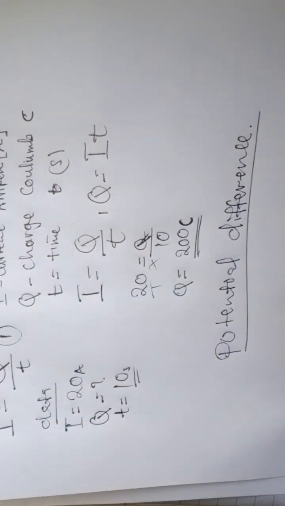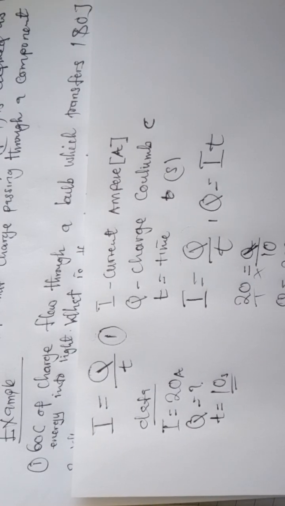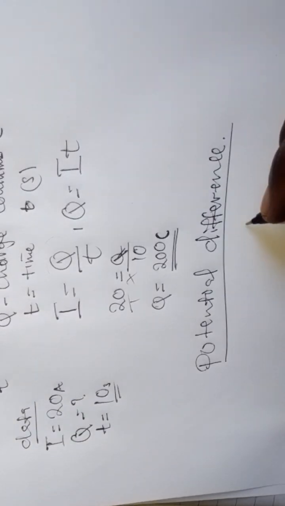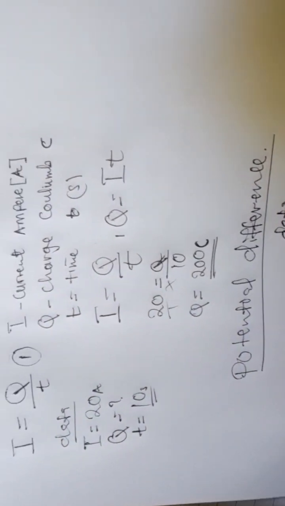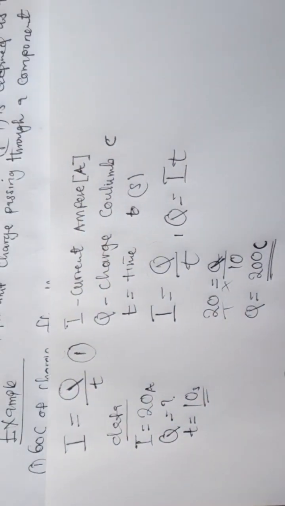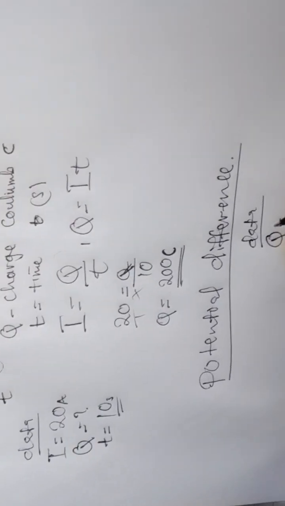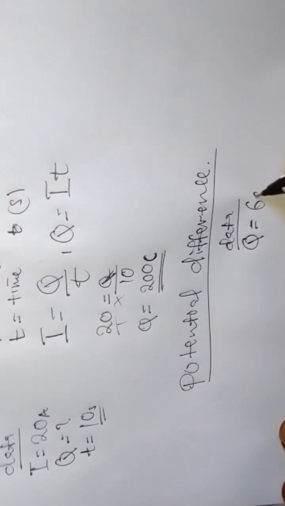Now the question. The question says 60 charge. So we need to collect our data first. We say our data. We have charge. The first thing they are saying is 60 charge. You can say Q. Then we can say Q or charge is equal to 60.